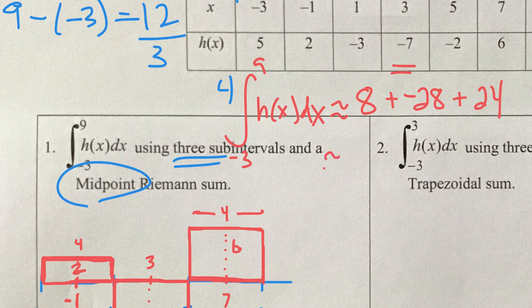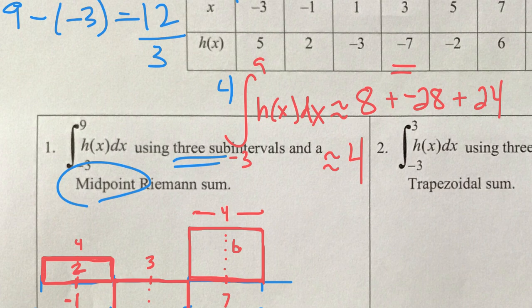So 8 minus 28 is -20. -20 plus 24 is 4. So the integral from -3 to 9 of this function is going to be 4 if we use the midpoint Riemann sum method with 3 subintervals.